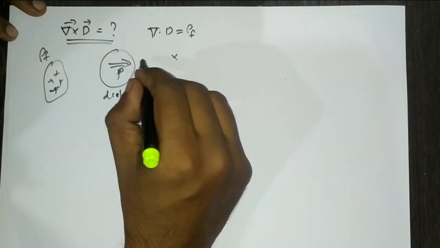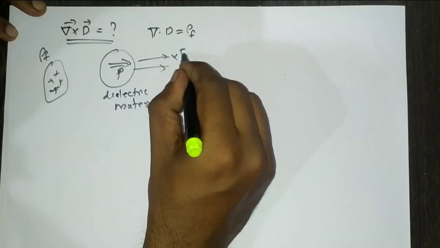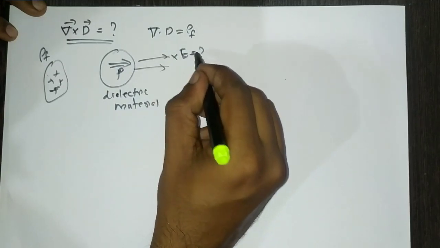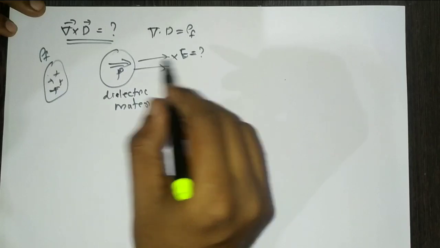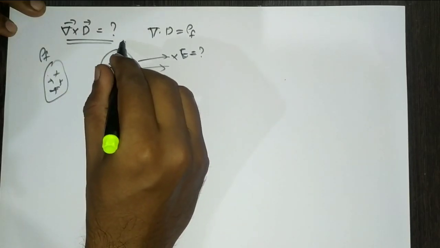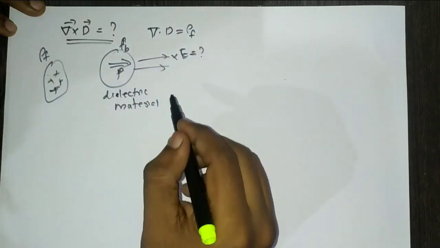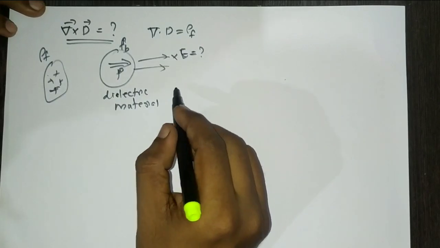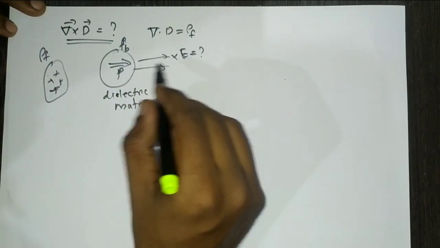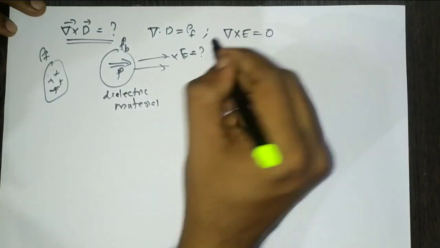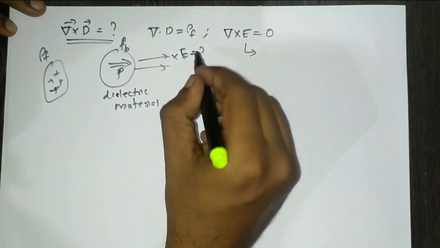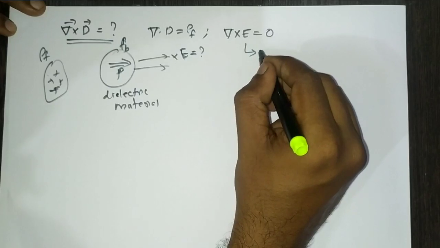As a result, the electric field at this point is responsible for both the volume bound charge density and the free charge density rho f. Here the electric field is still static because the charges are not moving, so del cross E will be 0.